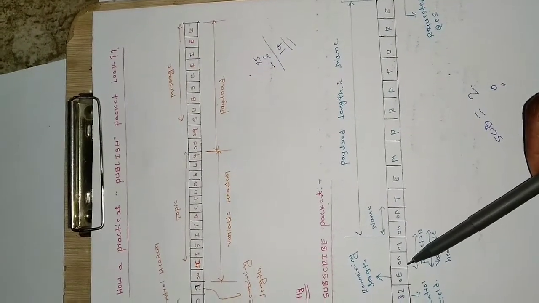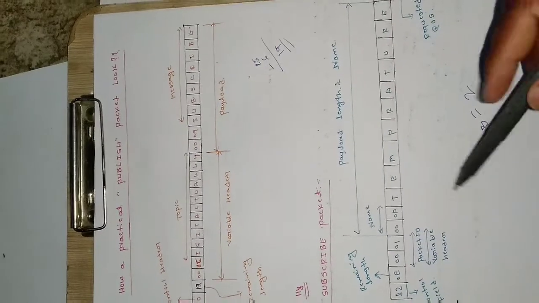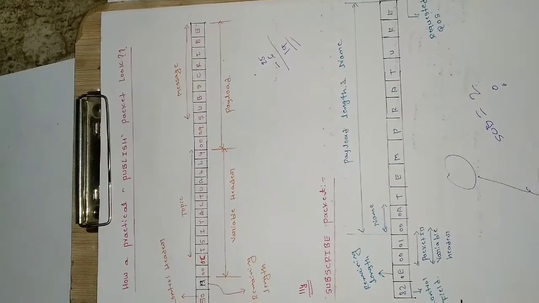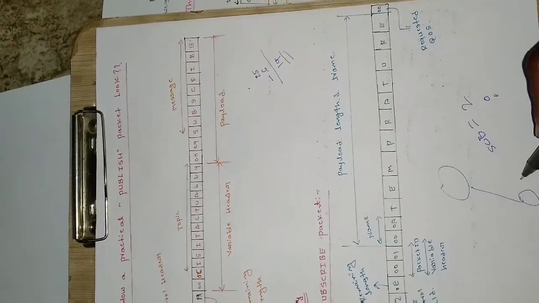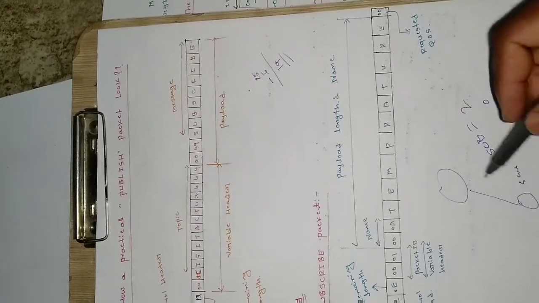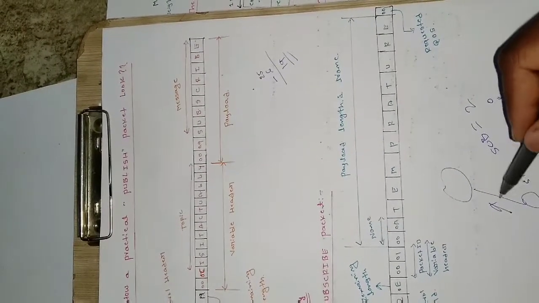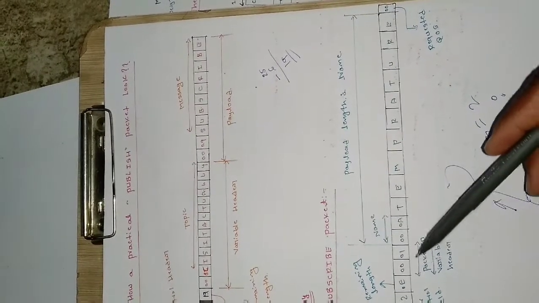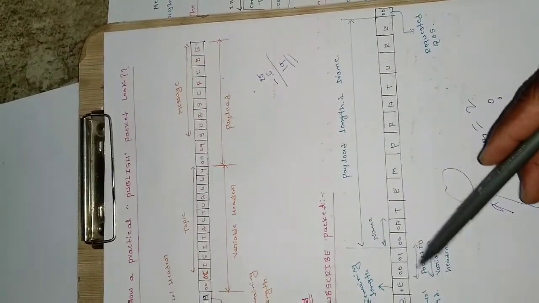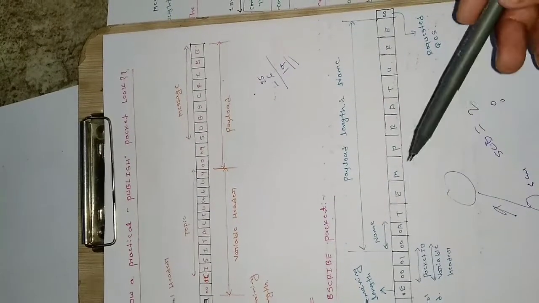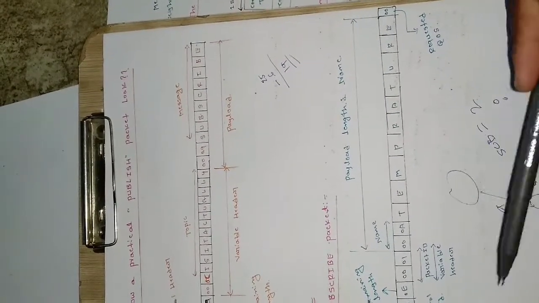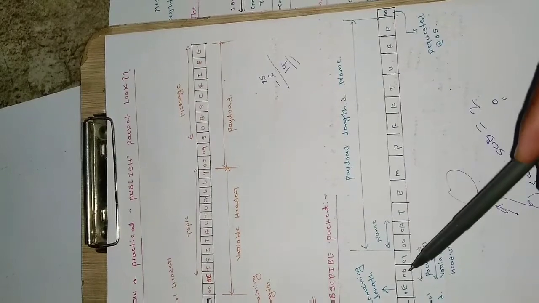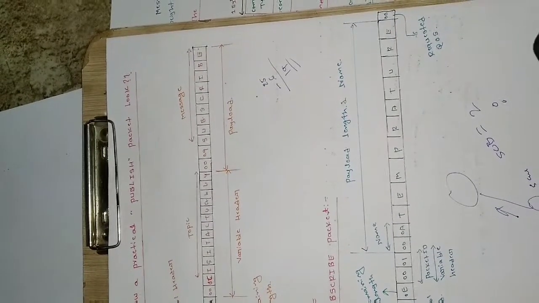So here it is a broker and you are a client. So you are a subscriber, actually you want to subscribe to the broker, then you need to send a message. So this is my ID, so I need to send my packet ID, that is, this is my name, I want to subscribe to you. So that is the length of the subscriber. So this is the packet ID I'm sending here.